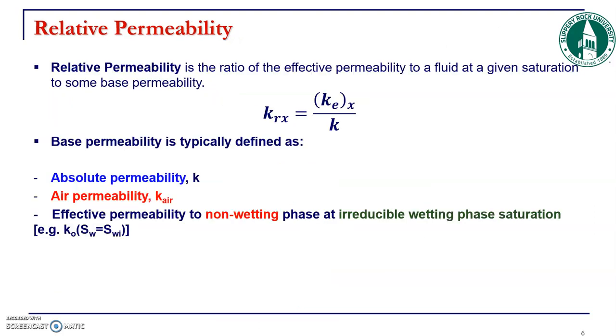We talked about the absolute permeability. Again, I'm going to remind you that the absolute permeability is measured when you saturate your core sample 100% with brine or water and then measure the permeability. We do have the air permeability.